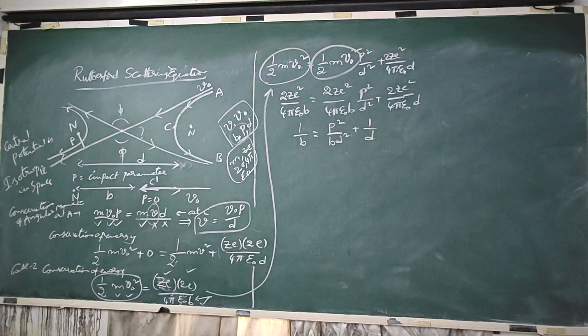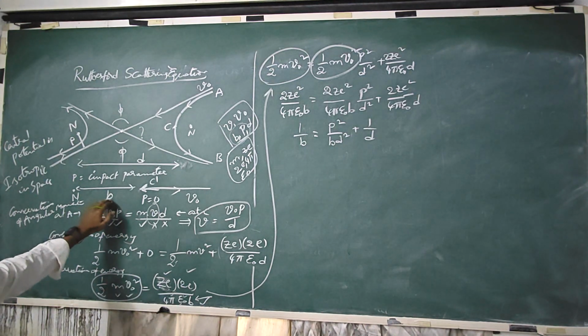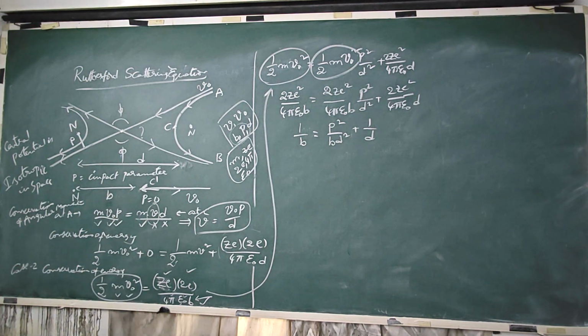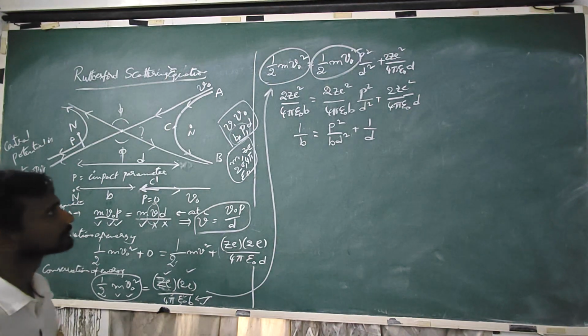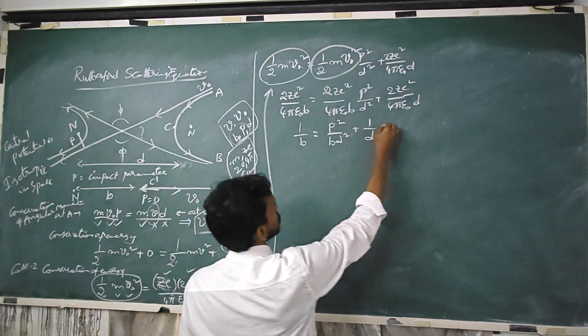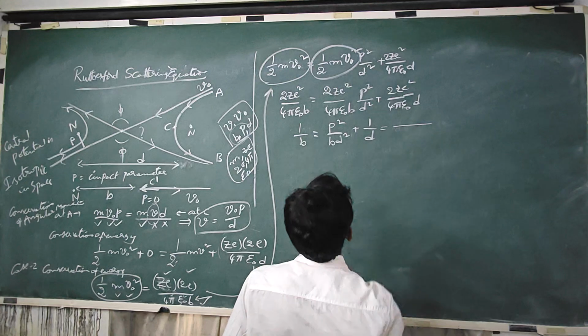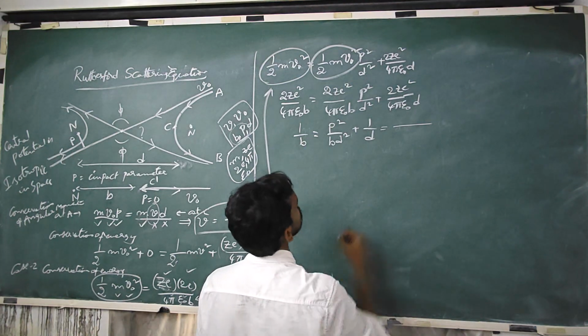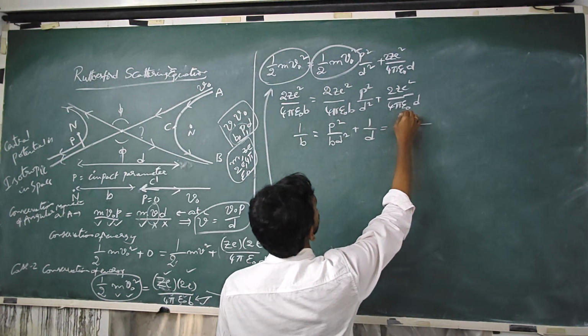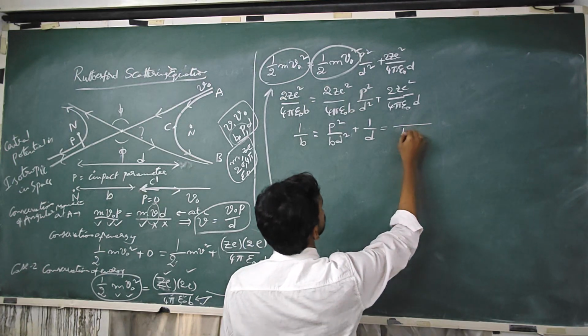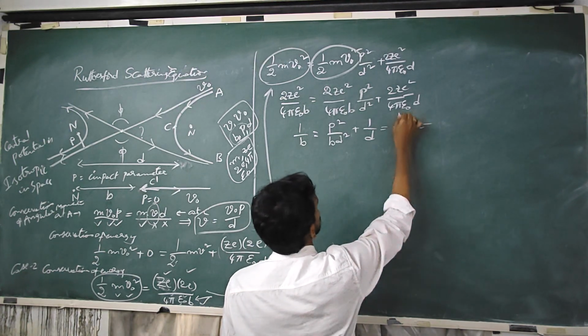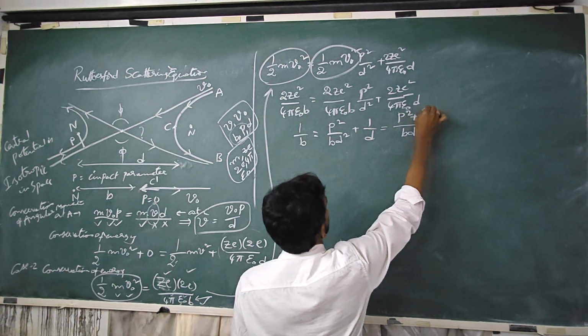So we'll try to pick the term from the second study. So I'll try to separate b. I'll try to get the value of b. So what is this? bd square p square plus bd.